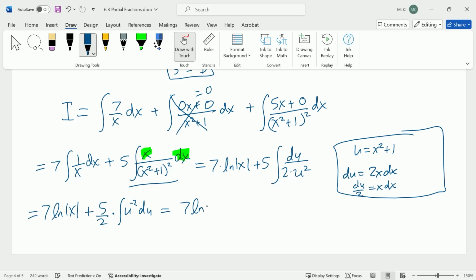That's 7 times the natural log of the absolute value of x plus 5 halves times u to the negative first power divided by negative 1 plus c. And one more step of rewriting. 7 times the natural log of the absolute value of x. Got a negative multiplied in the bottom here, so this becomes negative 5 halves. And instead of u to the negative first, it'll be 1 over u, but u is x squared plus 1. And don't forget the plus c.